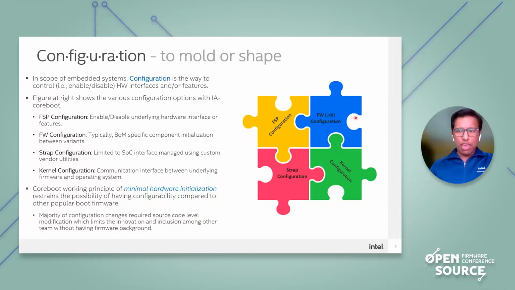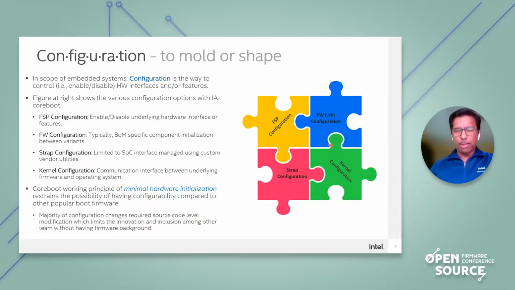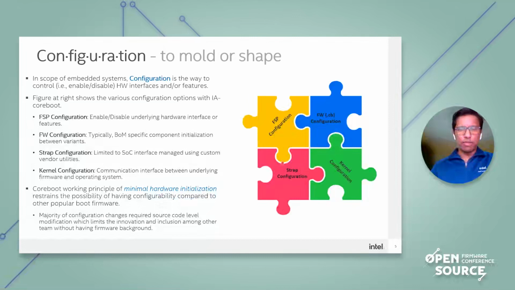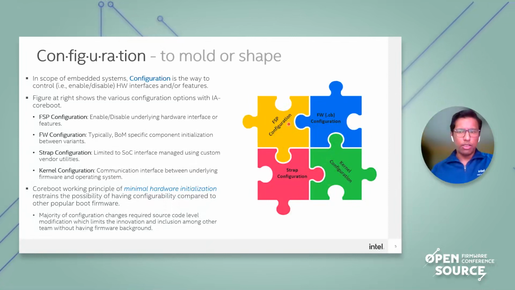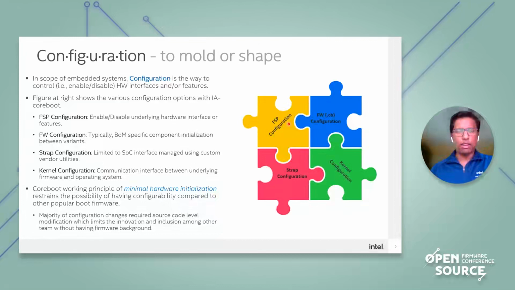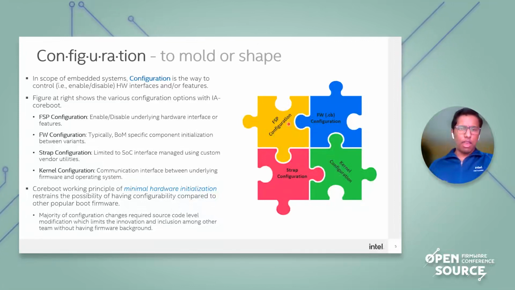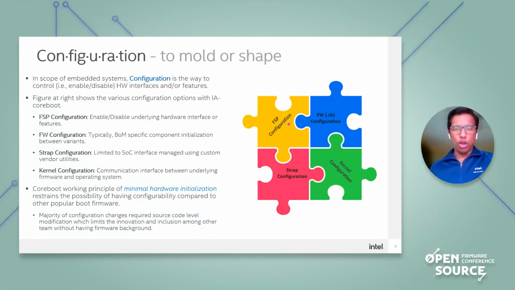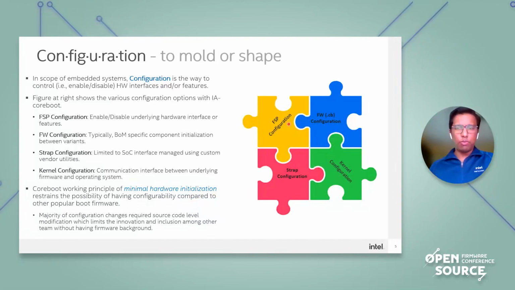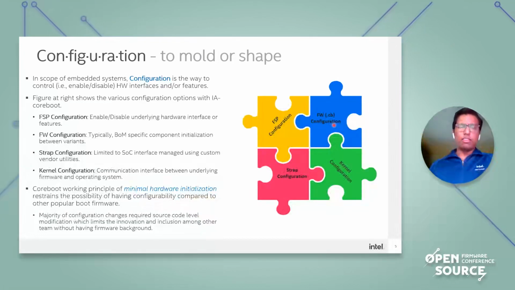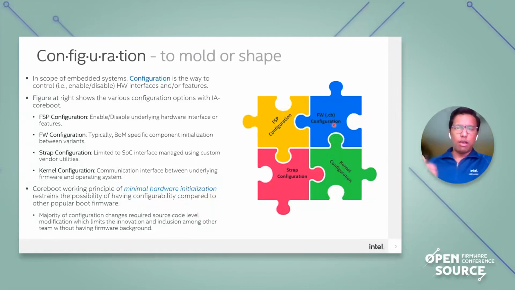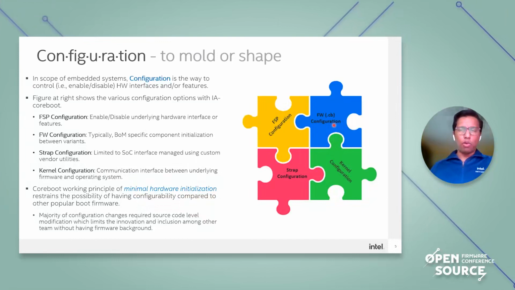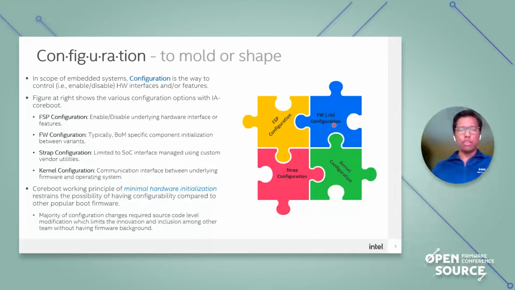If you pay attention to the right-hand side picture, this is a typical sample configuration taken from an IA coreboot group. At a high level, we have different verticals of configurations. The FSP configuration talks about the underlying SoC layer that provides various enable and disable options for the hardware interfaces. Followed by that, we have the firmware configuration layer. This is predominantly your main board layer configuration, where you say I have an X vendor codec versus a Y vendor codec, and which one I should choose between the two different schematics.